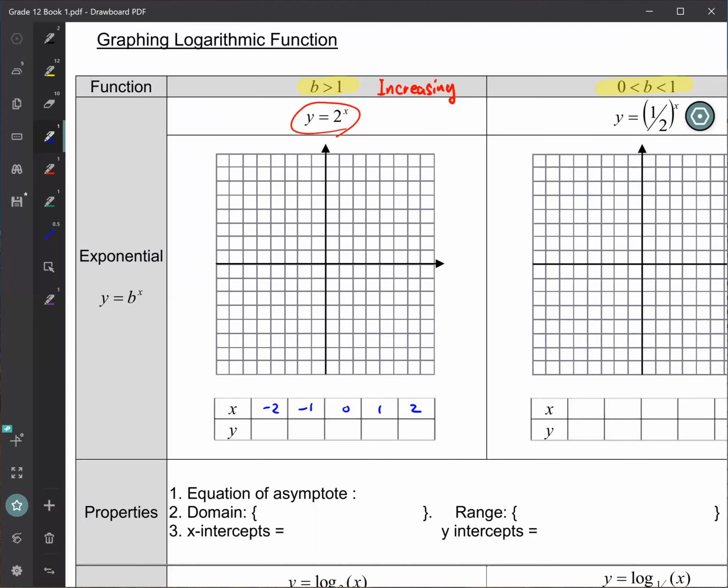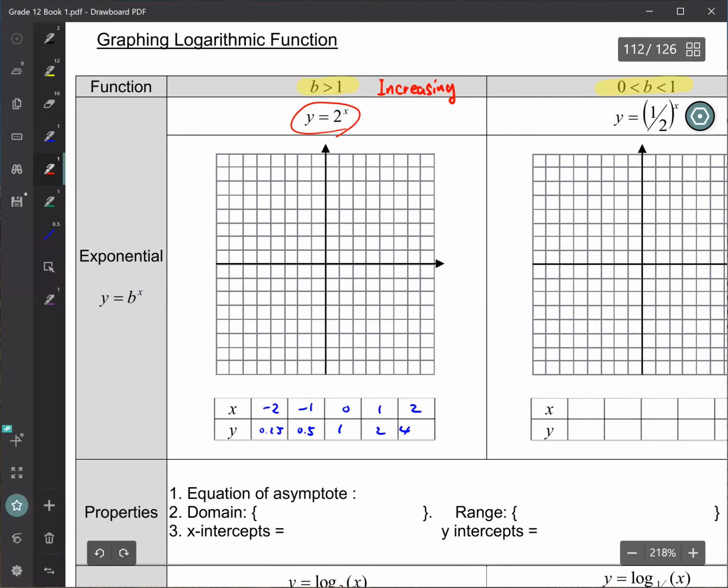Okay, Eric, can you tell us your points? 0.25, 0.5, 1, 2, 4. Okay, so 0.25 is 1 over 4, right?